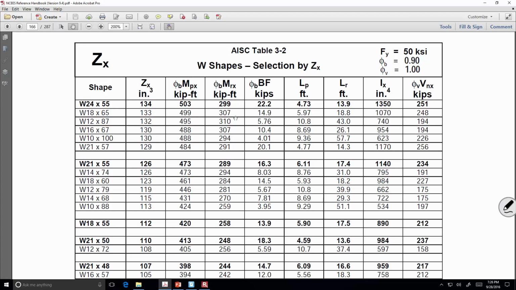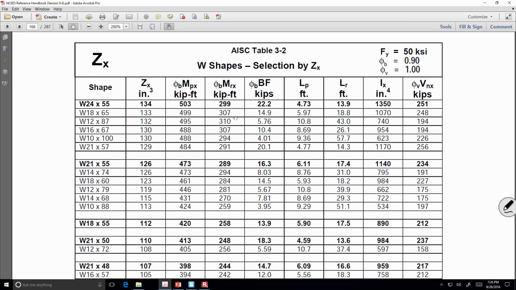We have LP and LR, which are also functions related to its capacity. I don't want to get too heavy into that if you haven't had steel design. If you have, this should all be old hat, right? You all remember LP and LR are your LTB anchor points on your capacity plot.